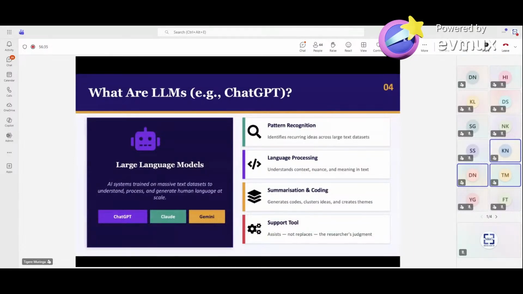So what are these LLMs, ChatGPT? We know it's been 3 years since ChatGPT, OpenAI, was introduced. And after that, the number of platforms has increased exponentially. Daily, there is a platform that comes out, right? So these platforms, ChatGPT, Claude and Gemini, are trained on massive text data sets to understand, process, and generate human language at scale, right?